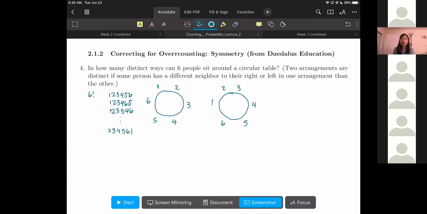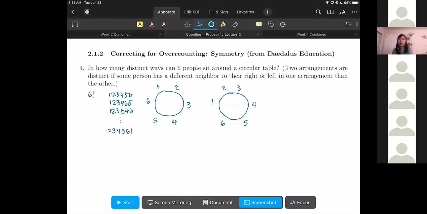So in these 2 cases, people are actually at different seats, but according to the definition of the problem, this is actually the same arrangement. The reason is we defined it as distinct if some person has a different neighbor to the right or to the left. And in this case, everyone has the same neighbor.